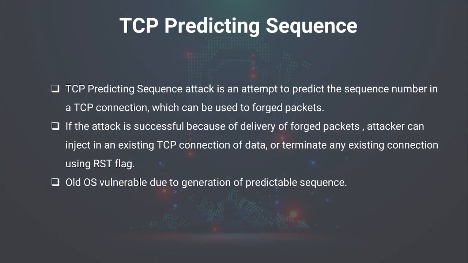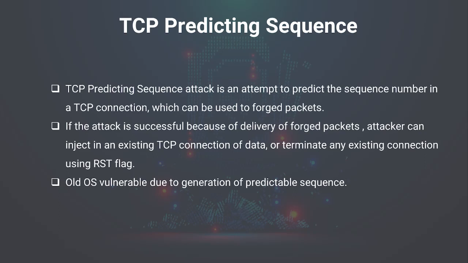What can generally happen during this attack is that if an attacker is able to guess a particular sequence number that is being generated during the handshake, those packets could be forged. And while doing so, based on the type of attack, the attacker can inject data or send out different TCP flags in order to terminate the connection as well.